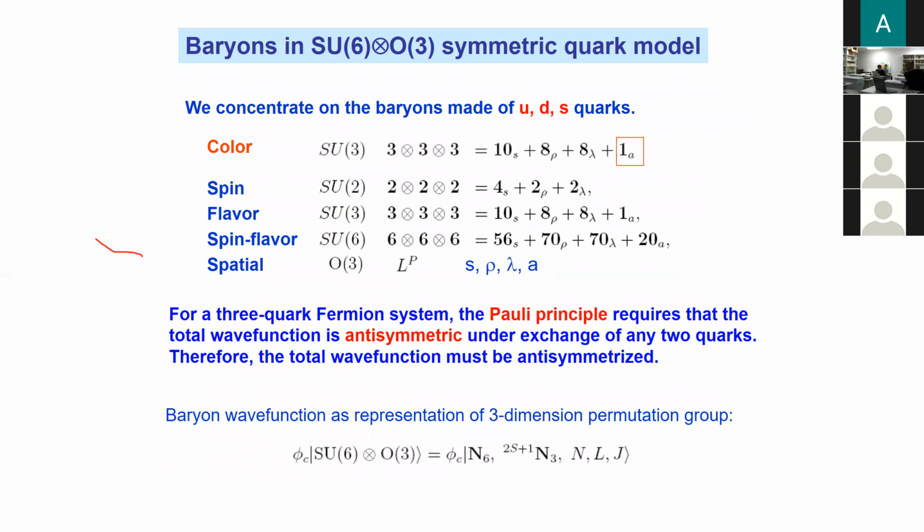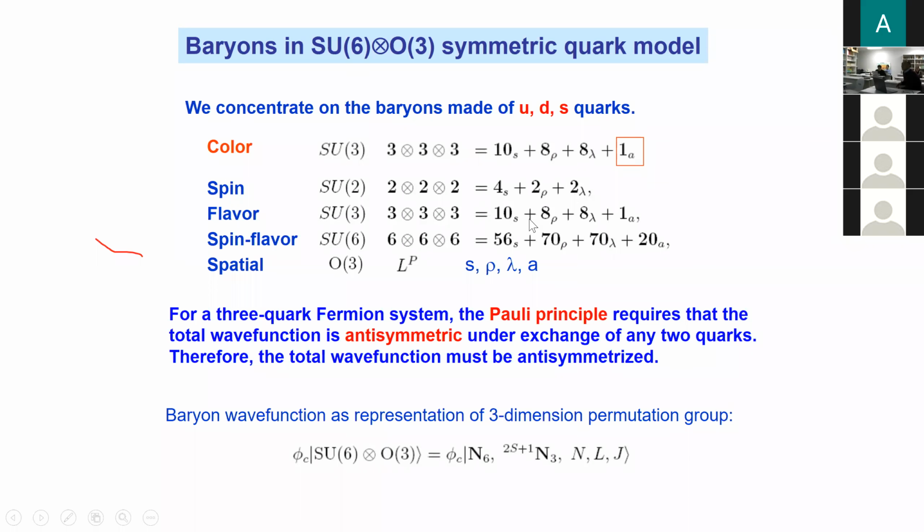Coming to the baryon part, we can also do a similar thing. When we combine three quarks together, we have the color decomposition, in which the hadron only picks up the color singlet. And for the spin flavor, we still have SU(6) as a combined symmetry for spin and flavor. For three quarks, the spin can form either a symmetric representation or a mixed symmetry of doublets.